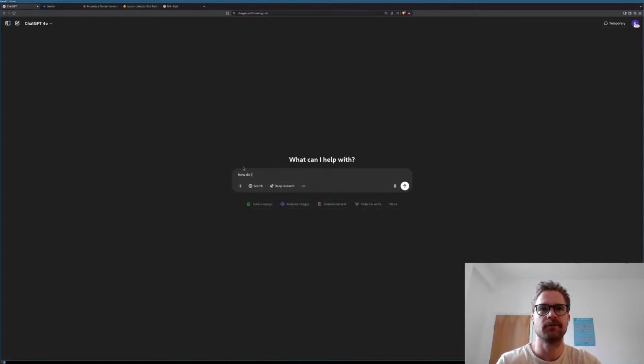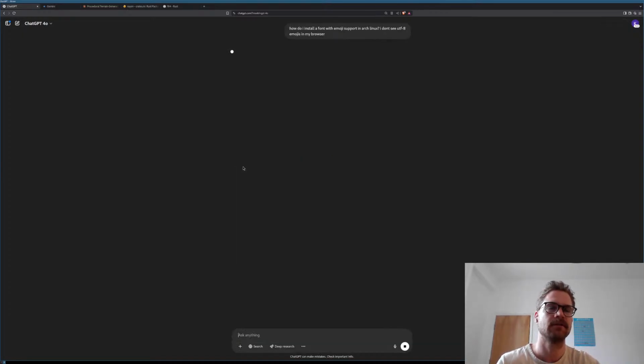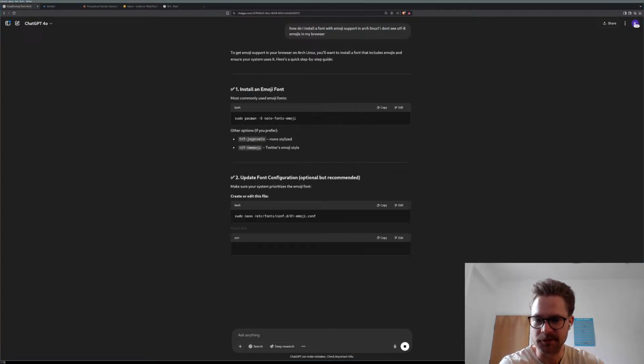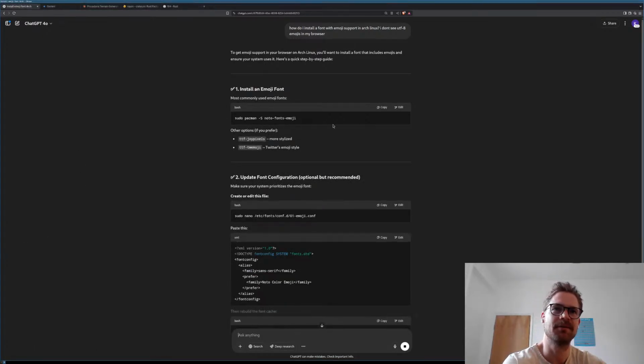How do I install a font with emoji support on Arch Linux? I don't see UTF-8 emojis in my browser. I mean, this one I could see though, the lul emoji, but that's because it's a picture, right?